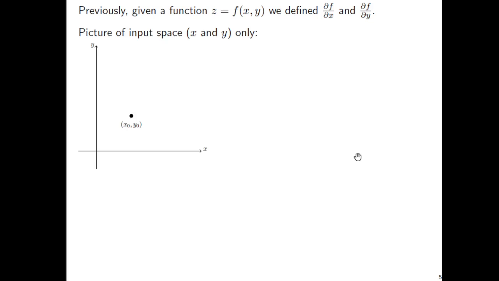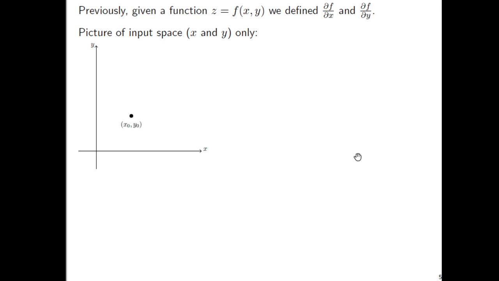So previously we had done this with partial derivatives. Given a function f of x comma y, we defined two partial derivatives: the partial with respect to x and the partial derivative with respect to y.